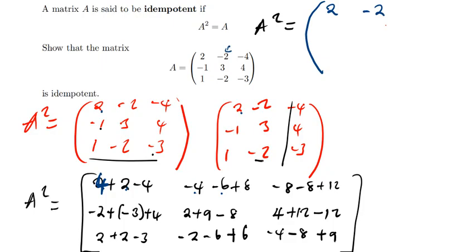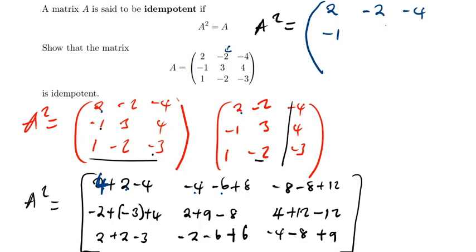The best part with an idempotent matrix is that you'll be able to know that you have made a mistake, because it's supposed to come out exactly as A. Now here this is going to give us negative 16, so negative 16 plus 12 is negative 4. That's okay. Now let's look at this. This is going to give me negative 5. Negative 5 plus 4 is negative 1. That's okay.